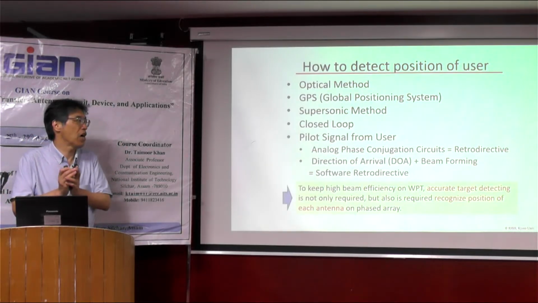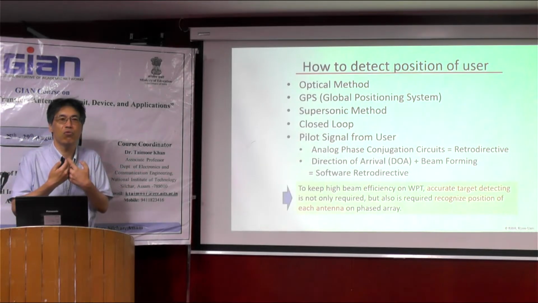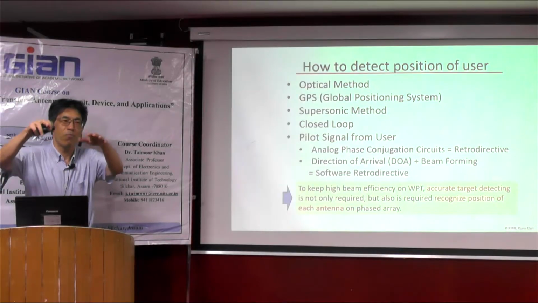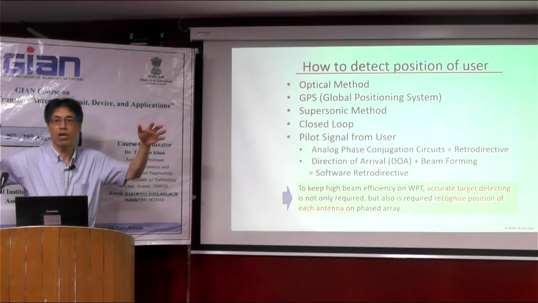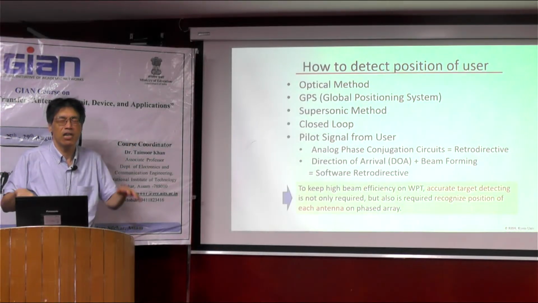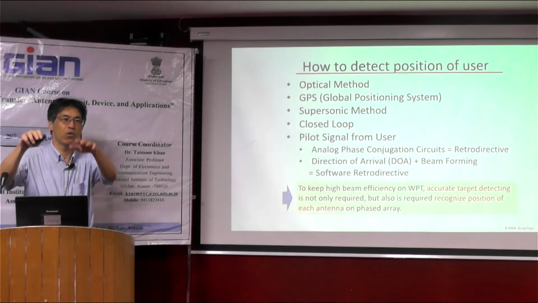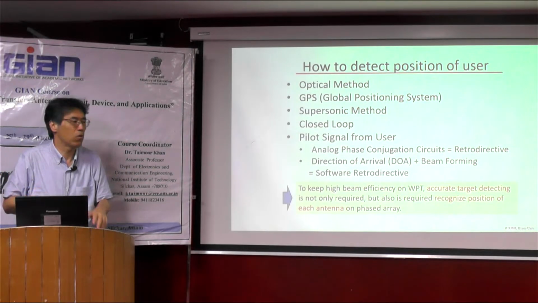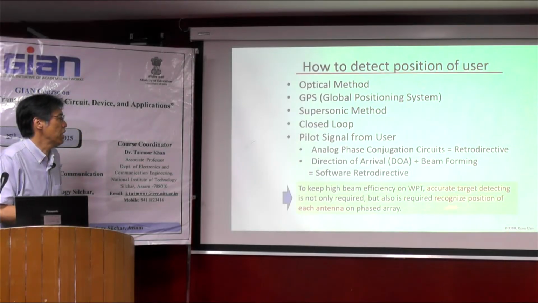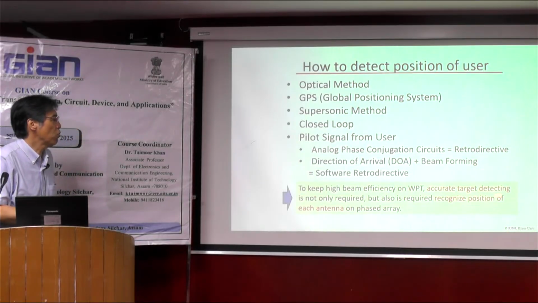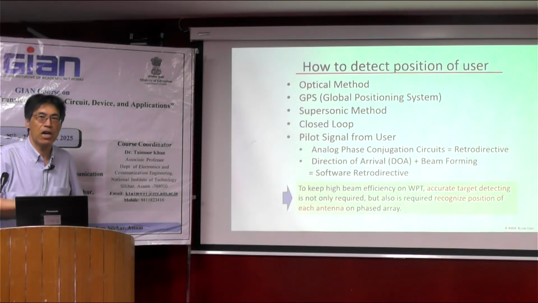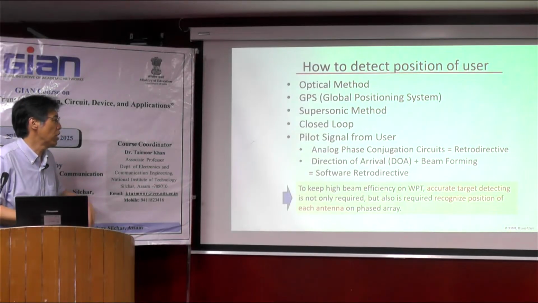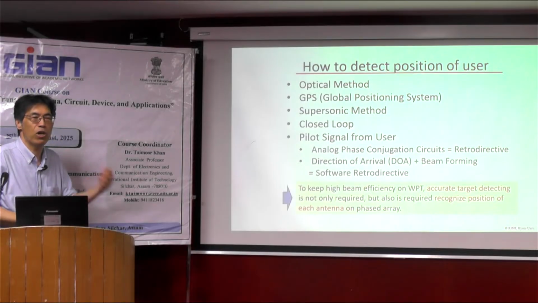But sometimes the antenna is not rigid and has a very soft structure. In this case, we cannot detect the start position at the transmitter. So only the target detecting is not enough, and additionally, we'd like to detect the position of each antenna on the transmitter.